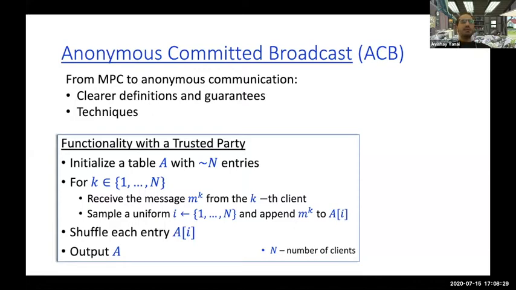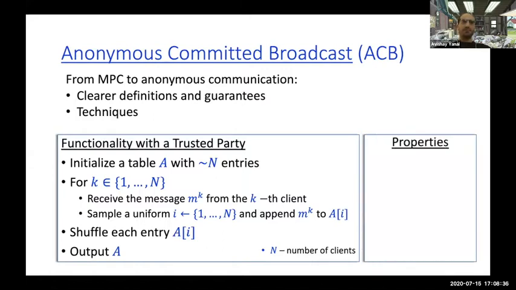From this implementation of the functionality using a trusted party, we can observe several properties. The first one is correctness, which means that the messages that the trusted party reveals are the same messages that are sent by the clients. You can also note that once a client sent a message, she cannot regret, because there is no such feature in the functionality to allow a client to regret.